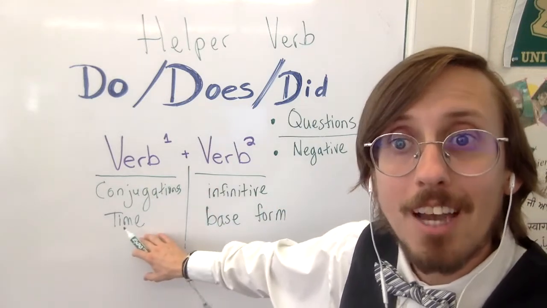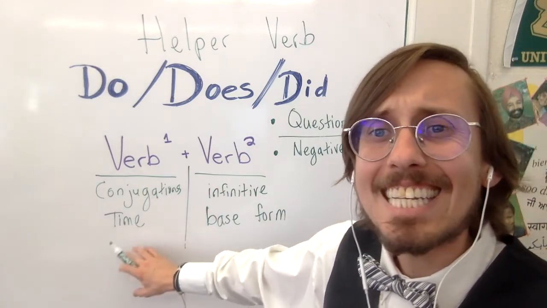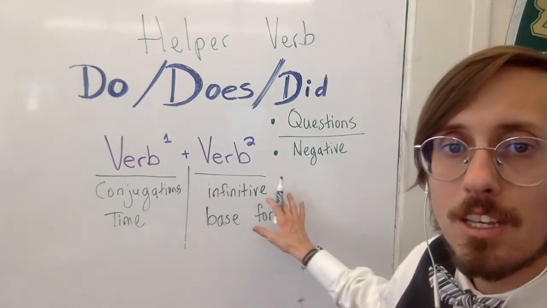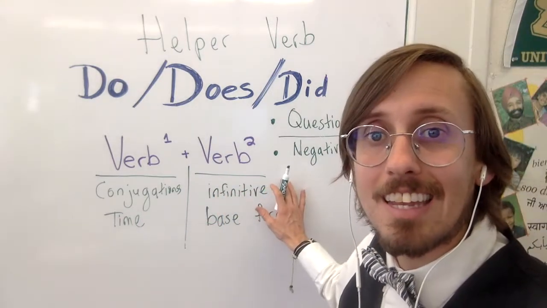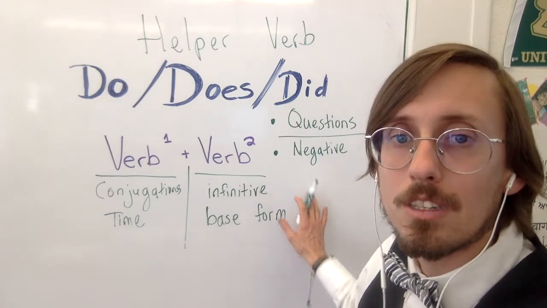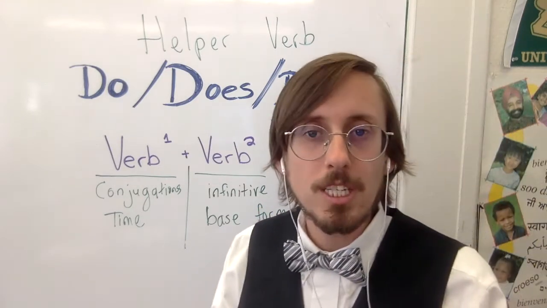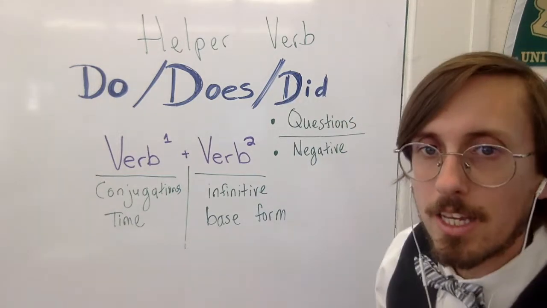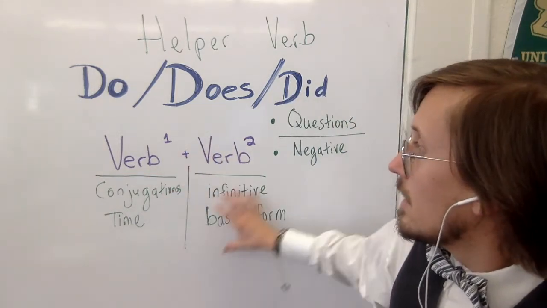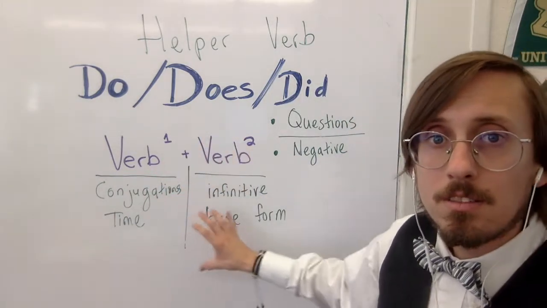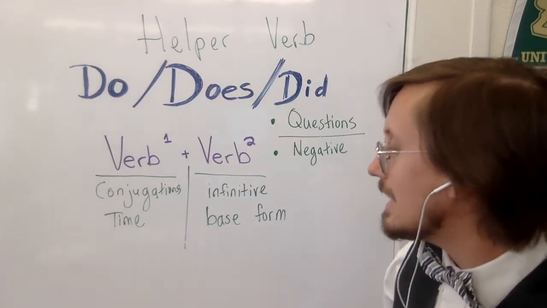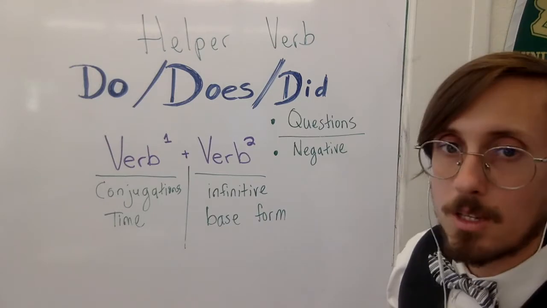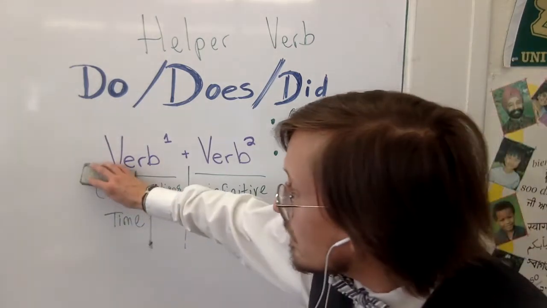Or if we're showing the time, the past, I needed to eat. In all of those examples, the verb eat is in that infinitive form, to eat, that base form, to eat. Okay, now, this rule right here is important when we're thinking about using do, does, and did as our helper verb, because we have another rule in English.